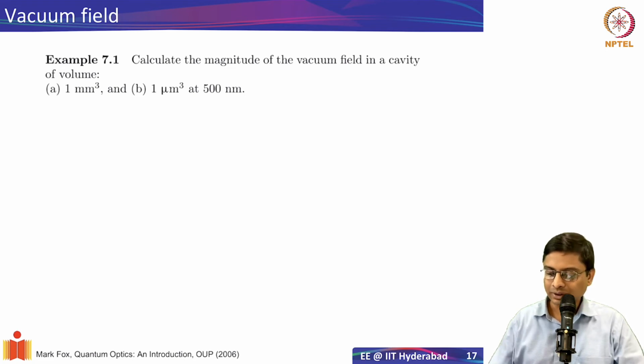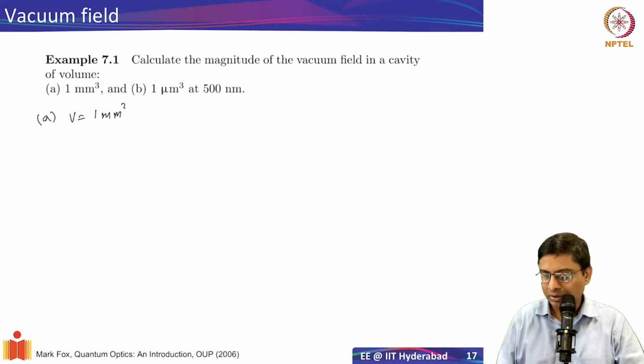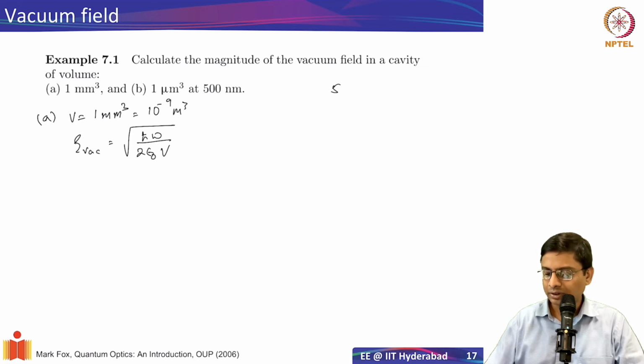My volume is going to be 1 millimeter cube, that is 10 power minus 9 meters cube, and my vacuum electric field is going to be root of h cross omega by 2 epsilon naught V. A 500 nanometer photon has energy 1.24 divided by 0.5, equal to 2.48 eV.